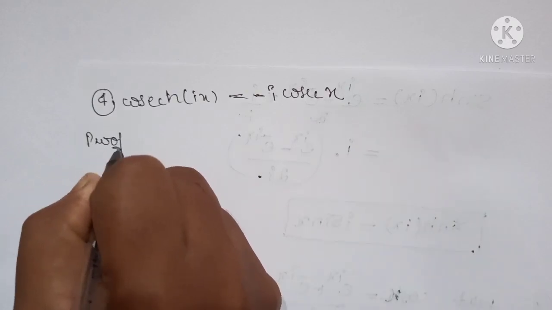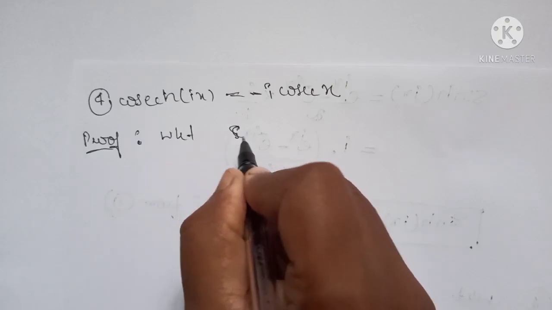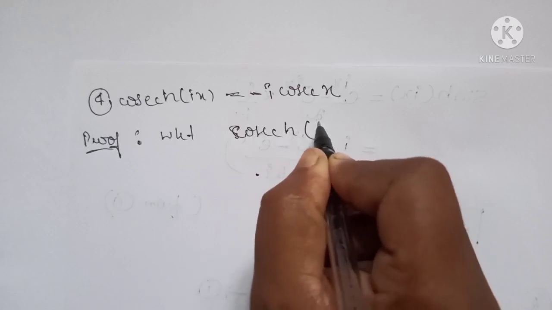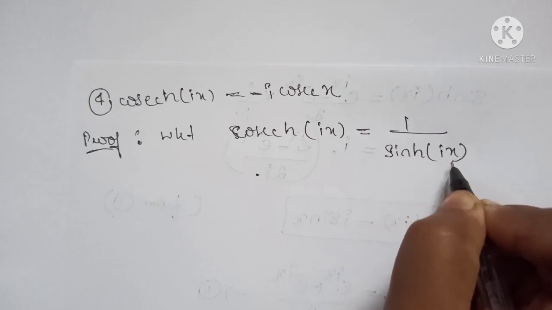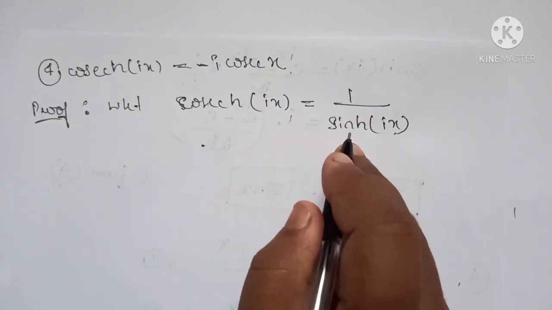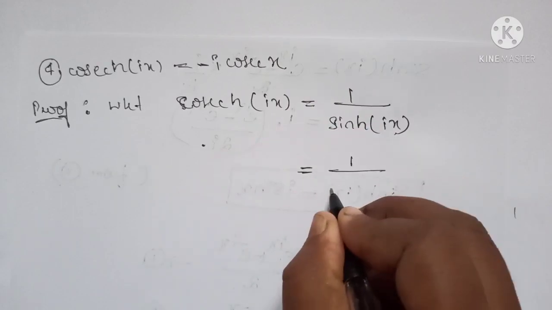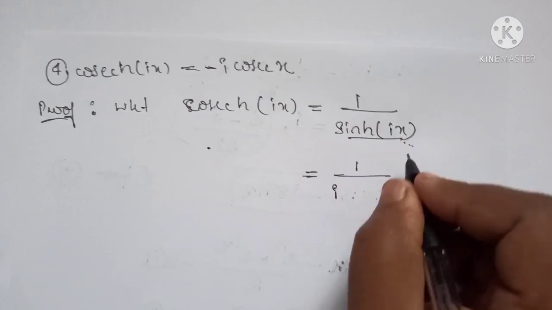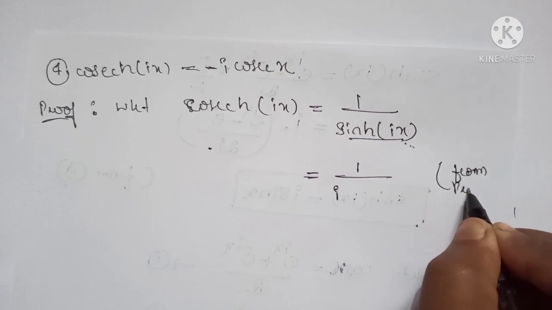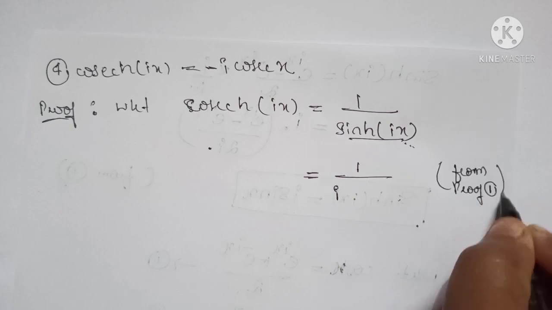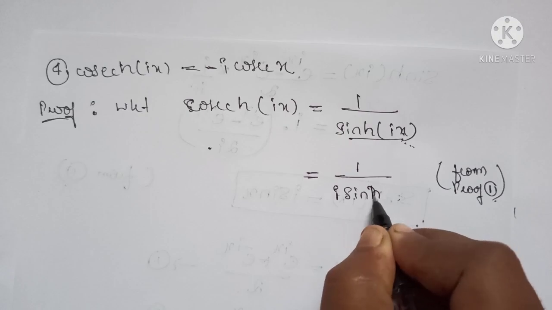Proof: we know that cosech ix can be written as 1 divided by sinh ix, because cosech and sinh are reciprocals. So 1 divided by i times sin x, where sinh ix we have from proof 1, that is relation 1: sinh ix equals i sin x.